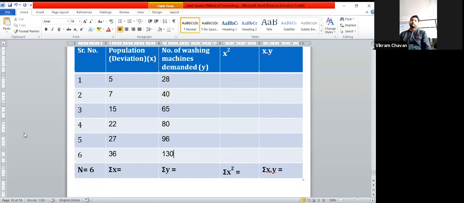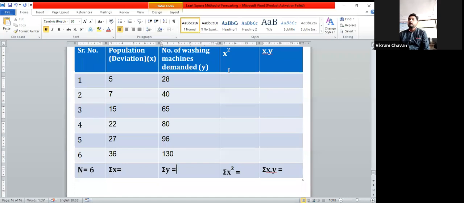Now the total number of data provided to you is 6, which you can tell from the serial numbers, and therefore your n value will be equal to 6. Then the population addition, that is nothing but summation of x, you have to write over here. The number of washing machines, you can write as summation of y at the bottom.